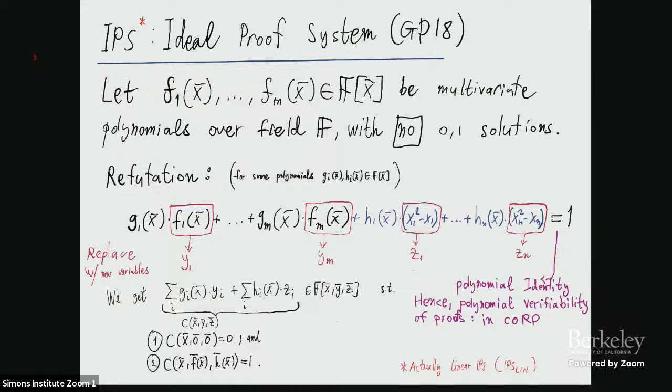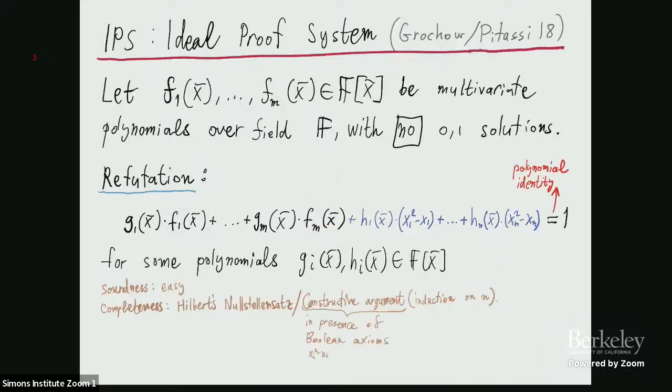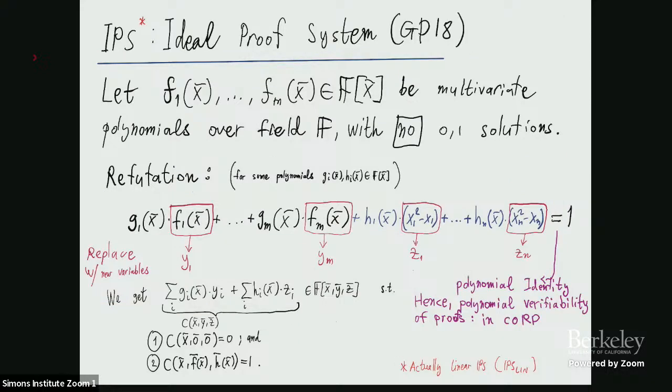So IPS, the ideal proof system. Oh, so what did I say here? Yeah. Well, I still didn't define the ideal proof system. I defined this term. This is the Nullstellensatz. And now I'm going to discuss the ideal proof system. Now, with some caveat, I'm going to use what is called linear IPS, because here I'm not going to have these multiply themselves.